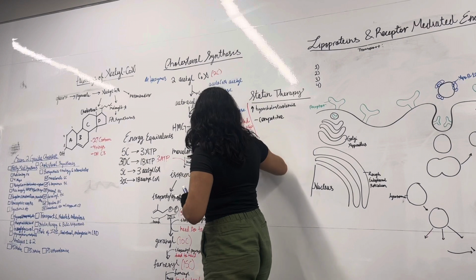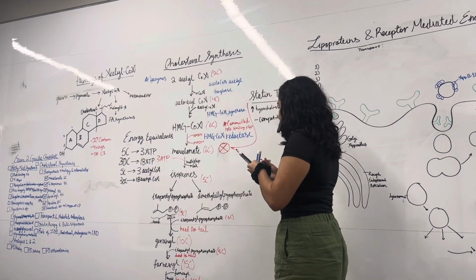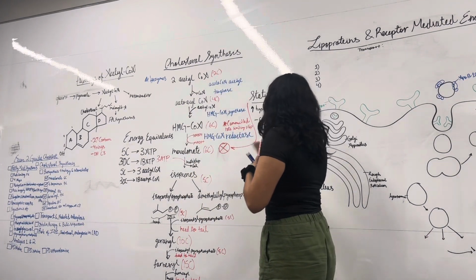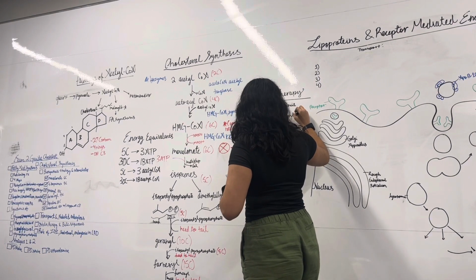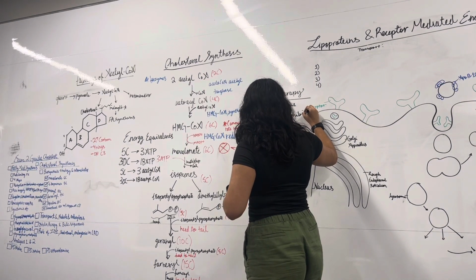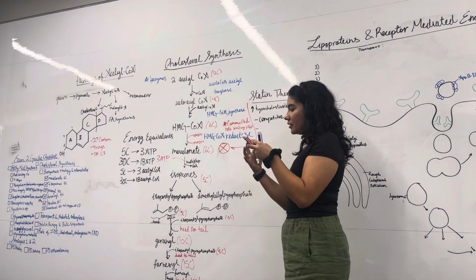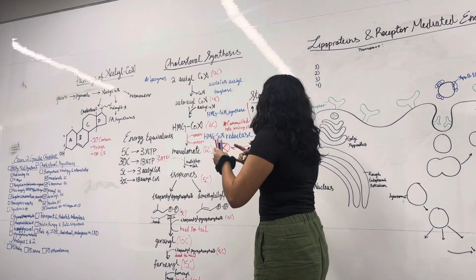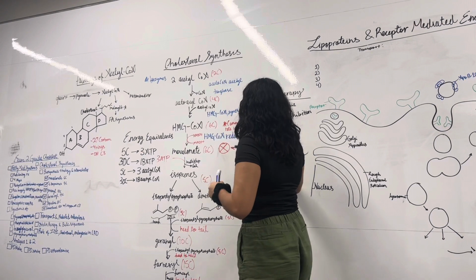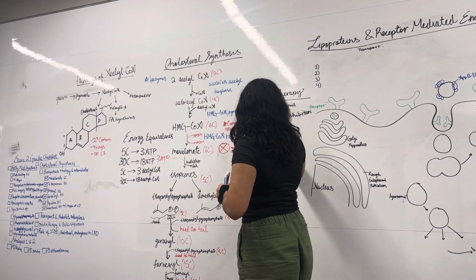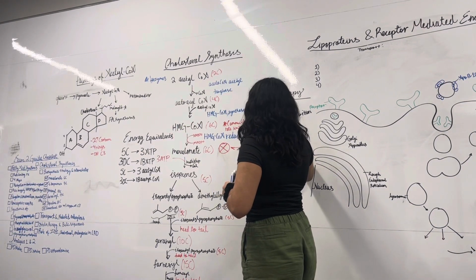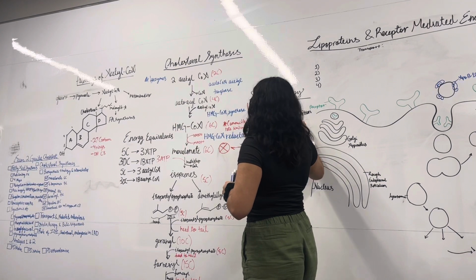So statins inhibit HMG-CoA reductase through competitive inhibition. Basically, the statin or the actual medication looks like HMG-CoA, which is the substrate of that reaction.